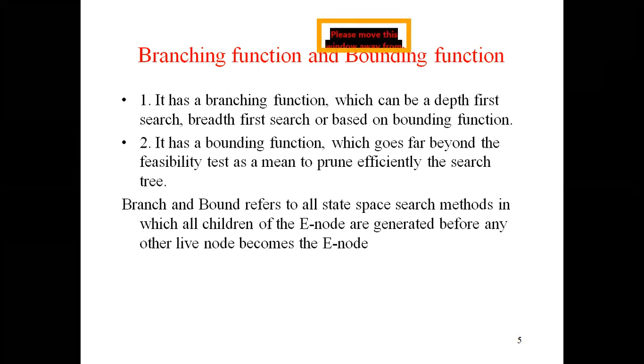So in all state space search methods, all children of the E node are generated, before generating the children for another E node. The E node is expanded to get the children, which means children are generated before considering another E node.